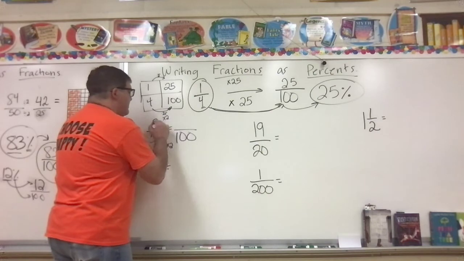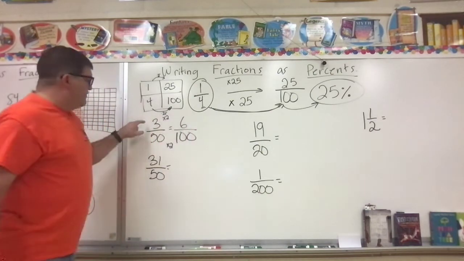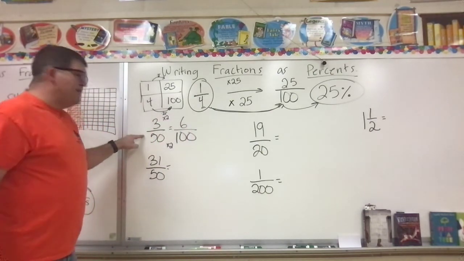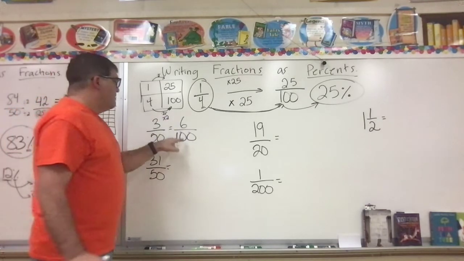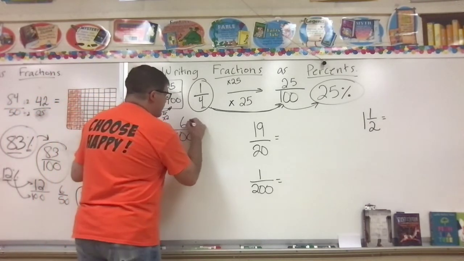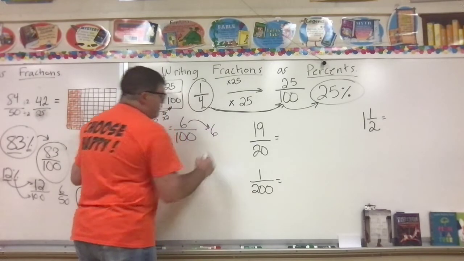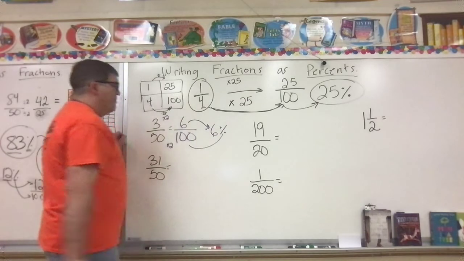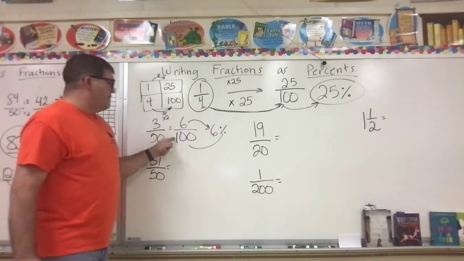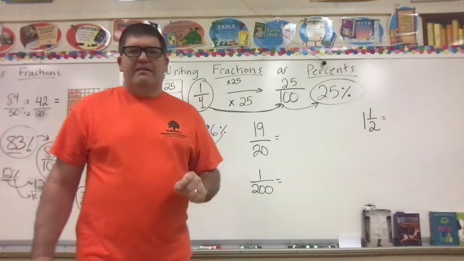Then I times 2 here. So 3 out of 50 is the same as 6 out of 100. Now because I have 100 here, this becomes my part, and that becomes my percent. So 6 out of 100 is 6%.